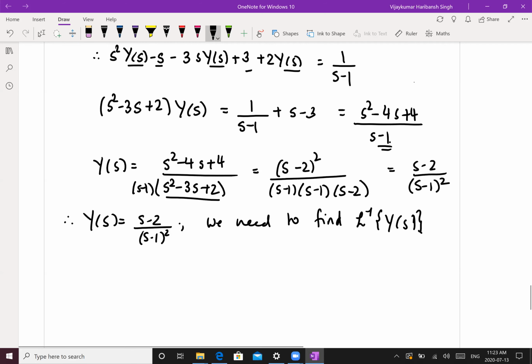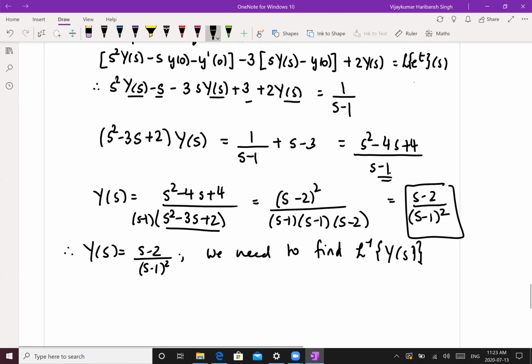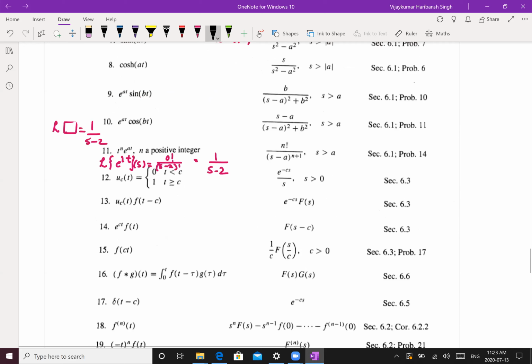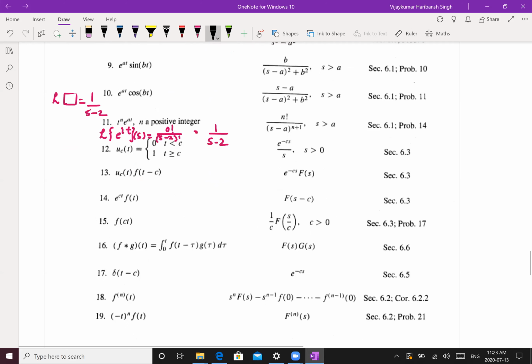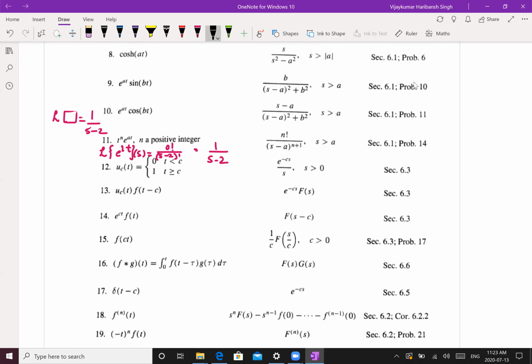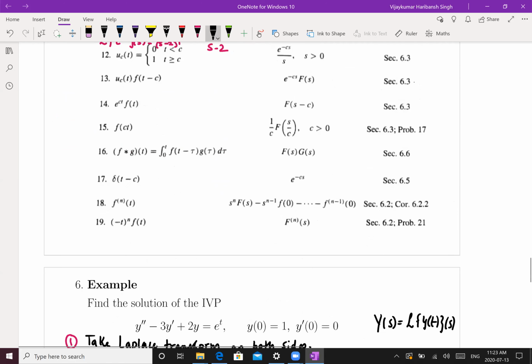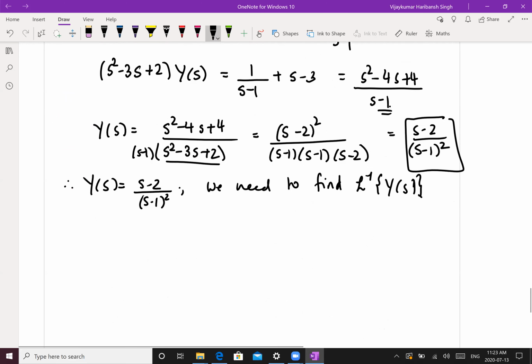So how do we do this? Well, one way is, we need to find the L inverse of this guy. So let's go and match a few things. Is there something of this form? Here we have s minus a divided by (s minus a) squared. You do not have the same thing on top and bottom, right?